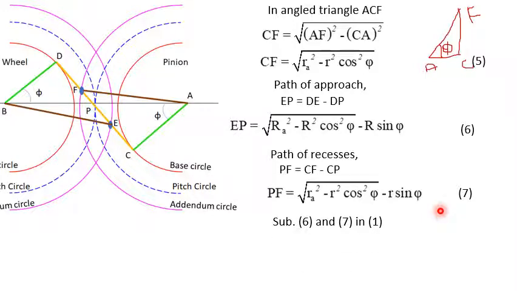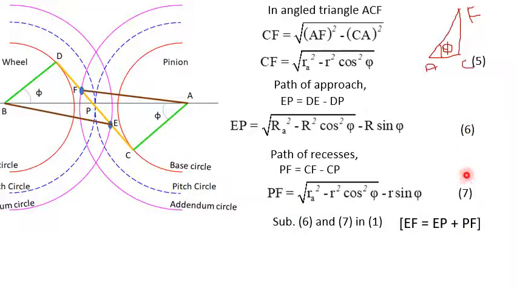Now I am going to substitute equation number 6 and 7 in equation number 1. EF represents the length of path of contact, EP is the path of approach, and PF is the path of recess. EP we got in equation number 6, whereas PF is equation number 7.